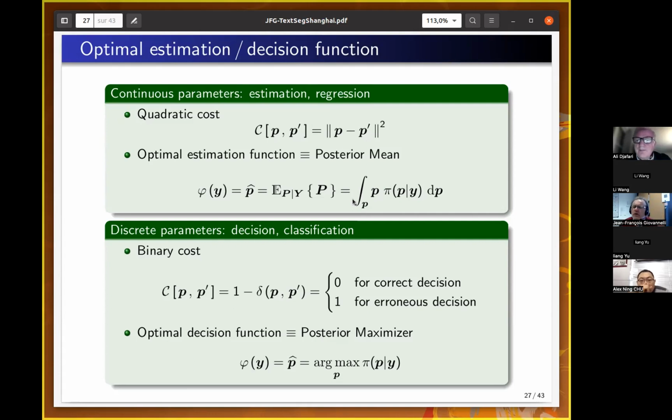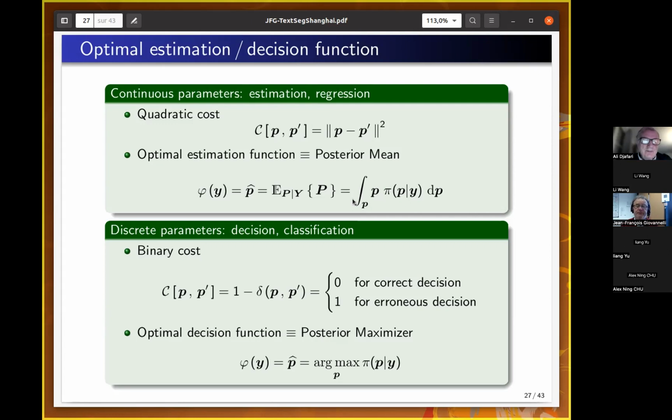Yes, it has always been a question for me, because for the discrete parameters, I understood why we use the maximizer of the posterior distribution, but for the continuous parameters, why should the posterior mean be the optimal estimation function? Because we can, for example, also use the maximum of the posterior.